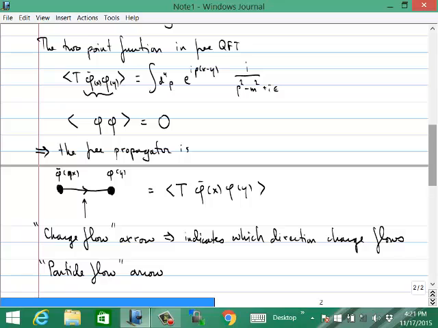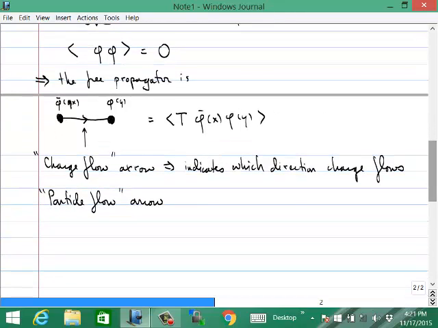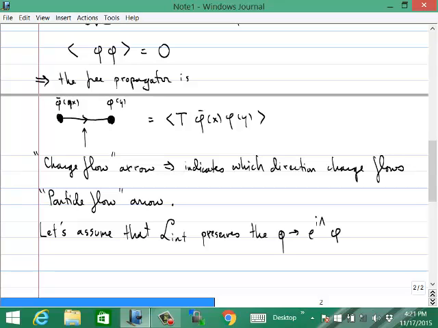Okay. So let me give you an example which sort of demonstrates how that works. In particular, what I want to assume is that the interaction term that we're using to perturb our theory respects this symmetry, the phi to e to the i lambda phi symmetry.